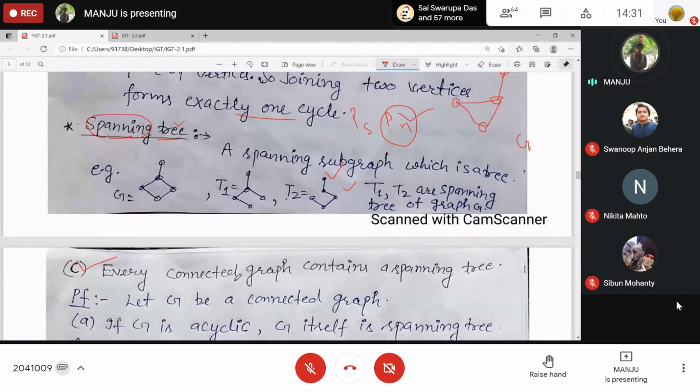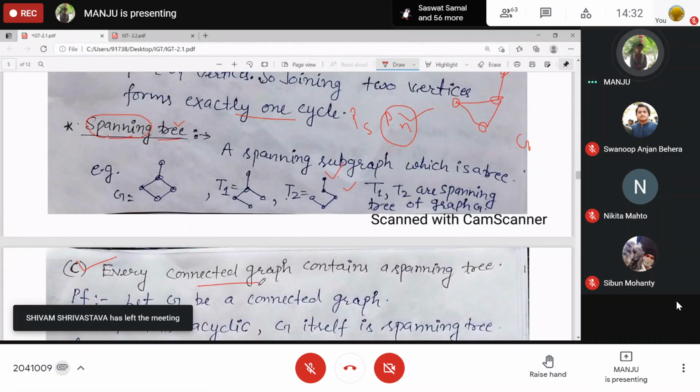Spanning tree, connected graph, it is already there, right? And it contains n vertices, and a spanning tree will also contain n vertices. So connected plus acyclic it will be, right?